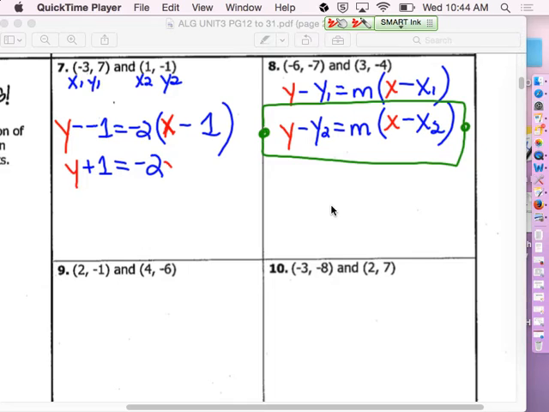Distributing the -2. -2 times -1 is +2. And now your job is to isolate the red y. So I subtract 1, and here's my final answer.